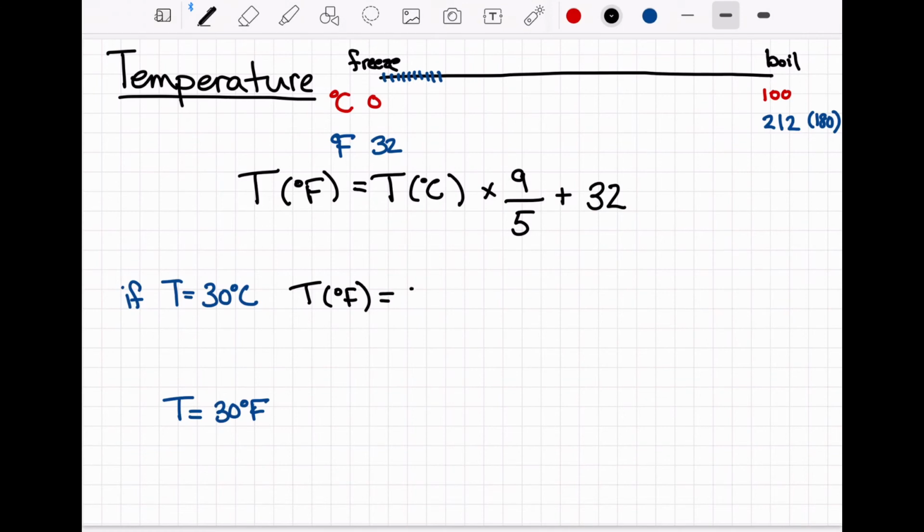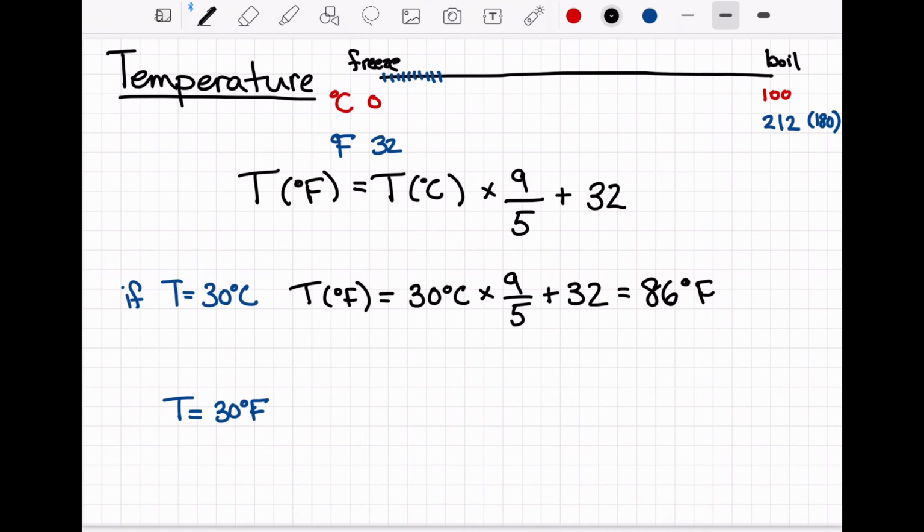Let's substitute our 30 degrees C in here, multiply by 9/5 plus 32. We do our multiplication first and then our addition. When you compute this out, you get 86. So a temperature of 30 degrees C is a temperature of 86 degrees Fahrenheit.